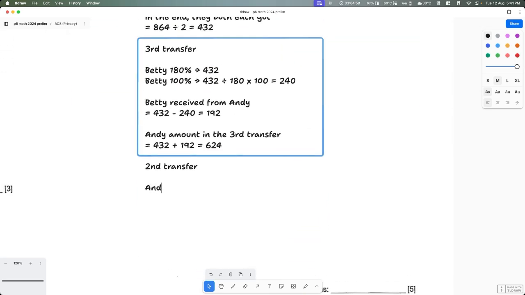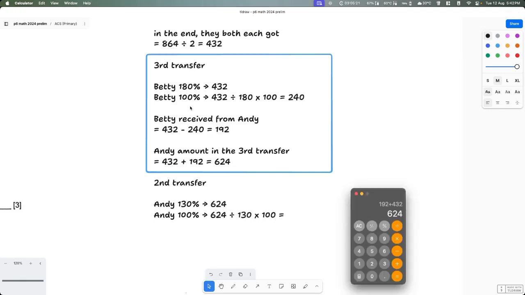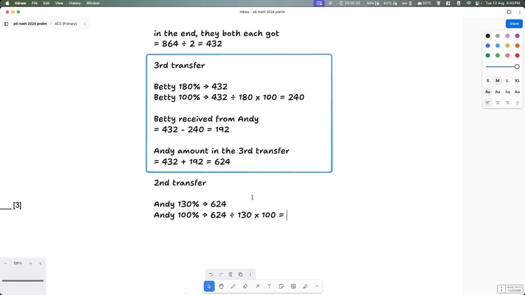So Andy got 130%, and this is equal to 624. Same thing: Andy's 100% is 624 divided by 130 times 100, which gives us 480.